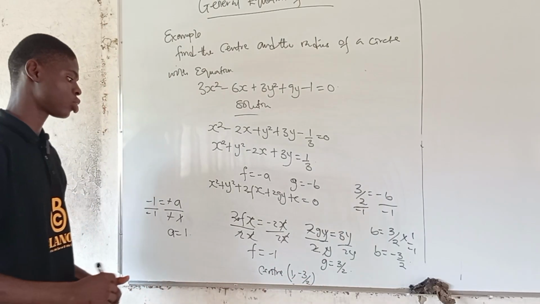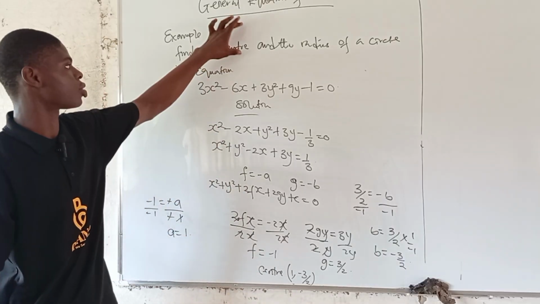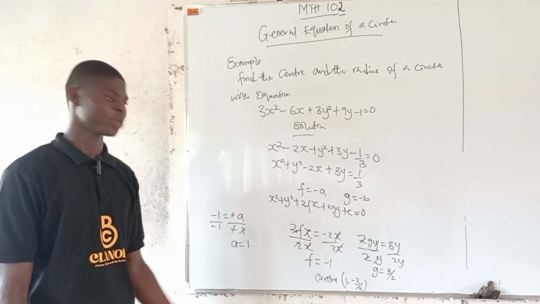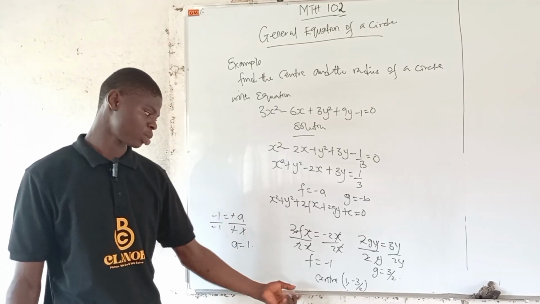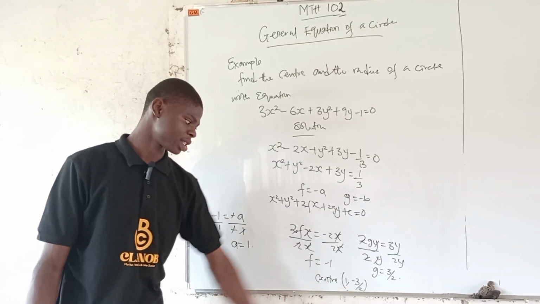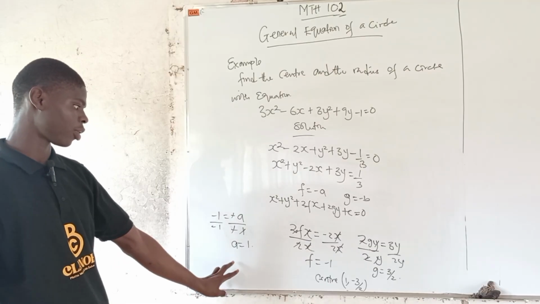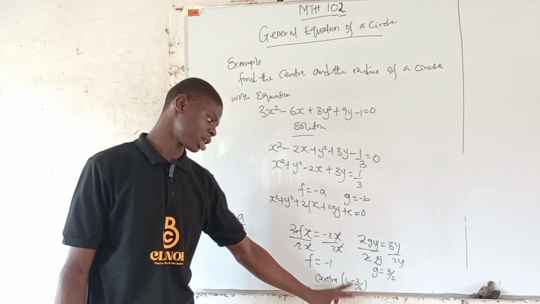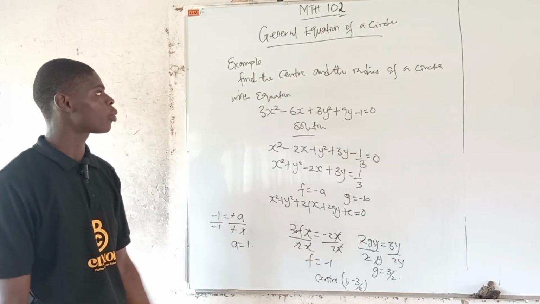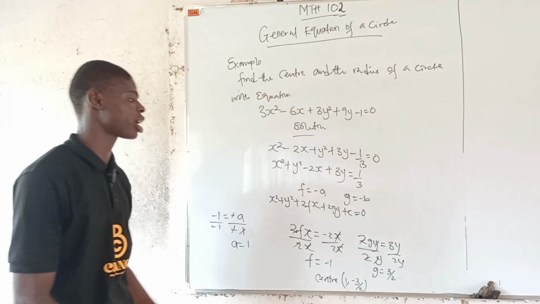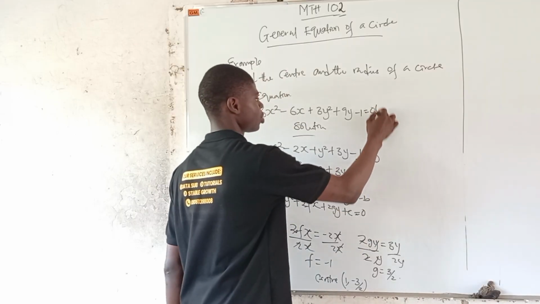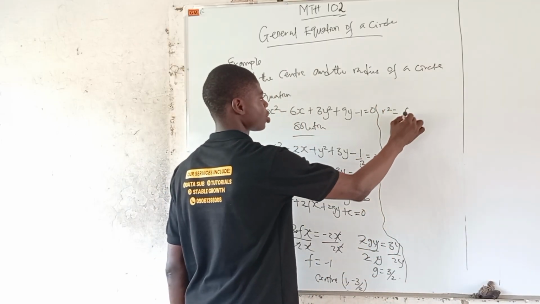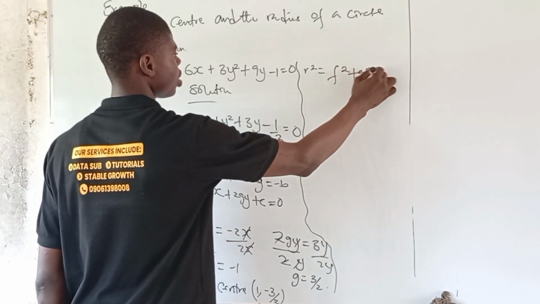Now, with these values, we can find the radius. We have to find the center and also find the radius. We've gotten a value for the center to be positive 1, negative 3 over 2, indicating our value for a to be 1 and our value for b to be negative 3 over 2. Now we want to solve for the radius of the circle. The radius is given by the formula r squared equals f squared plus g squared minus c.